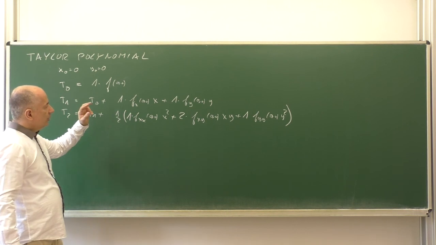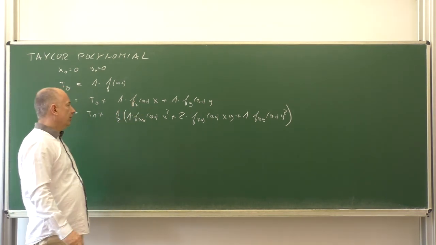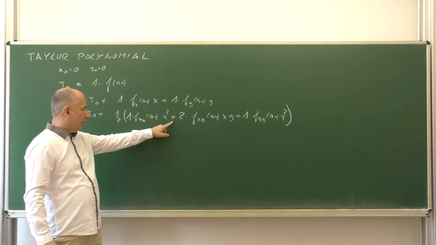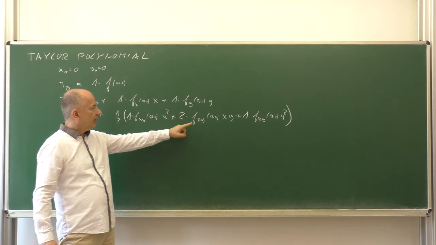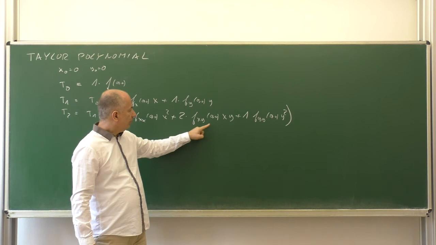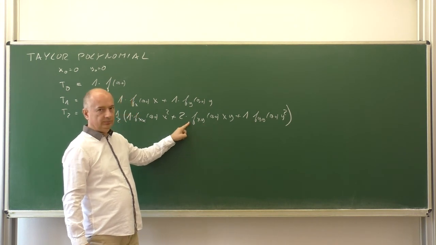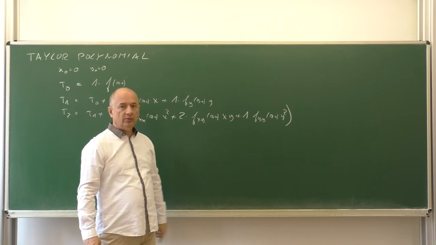So what is new in the next generation of Taylor polynomial is a sum of expressions that have 3 parts: some coefficient, then the partial derivative of the function, times some power of x and some power of y.